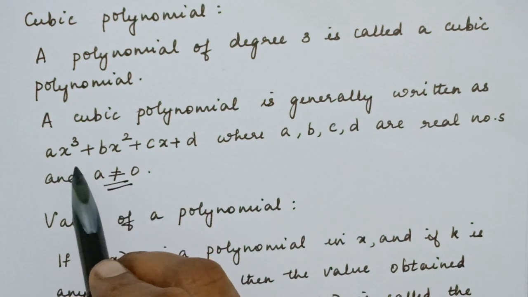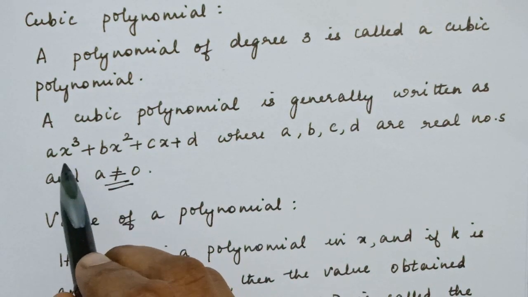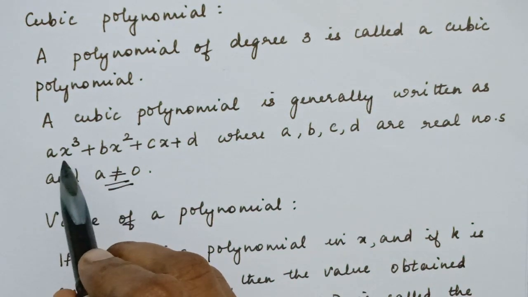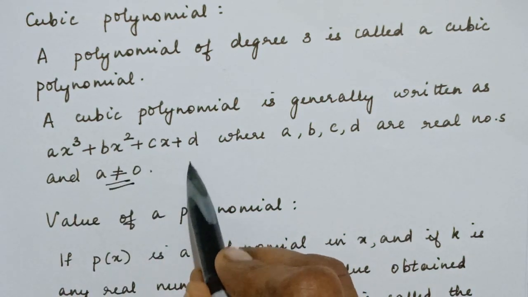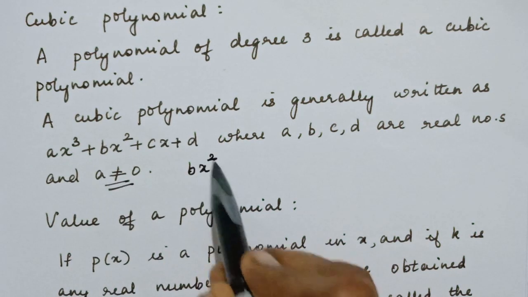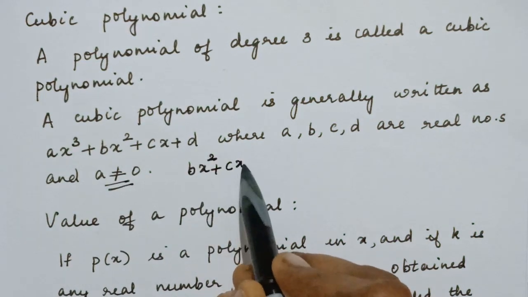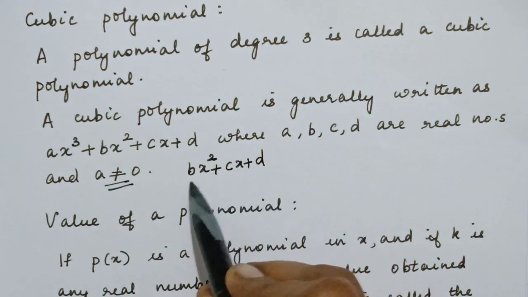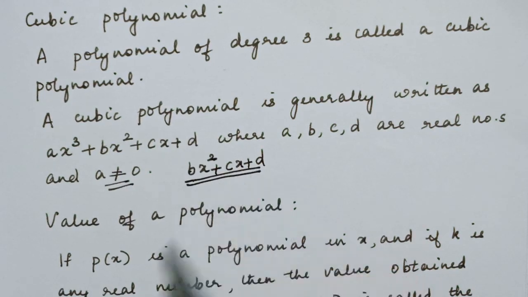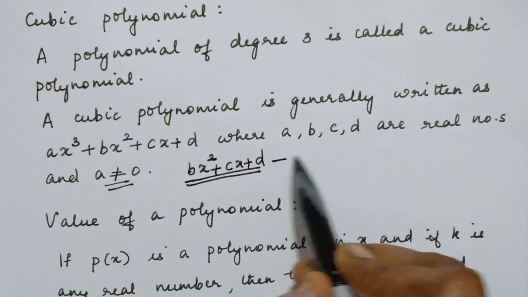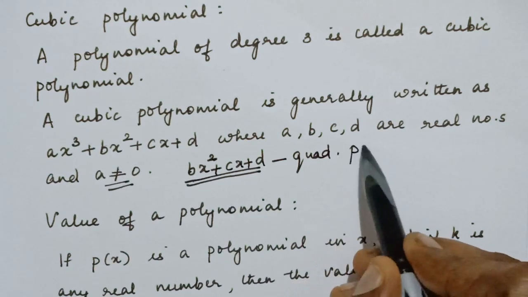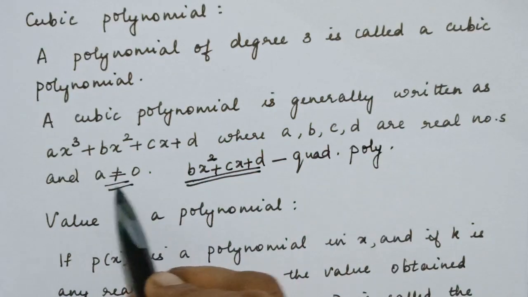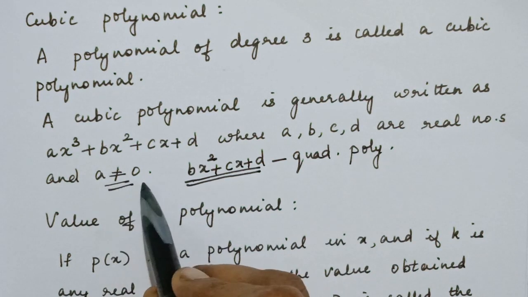Now we will see what will happen when a becomes 0. When a becomes 0, this expression becomes bx squared plus cx plus d. Now what type of polynomial is this? This is a quadratic polynomial. That is why this condition is given, a not equal to 0.